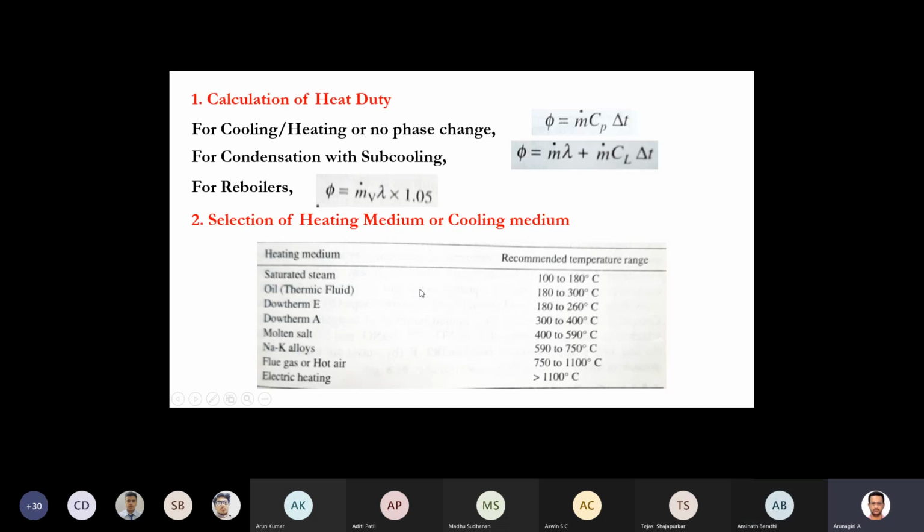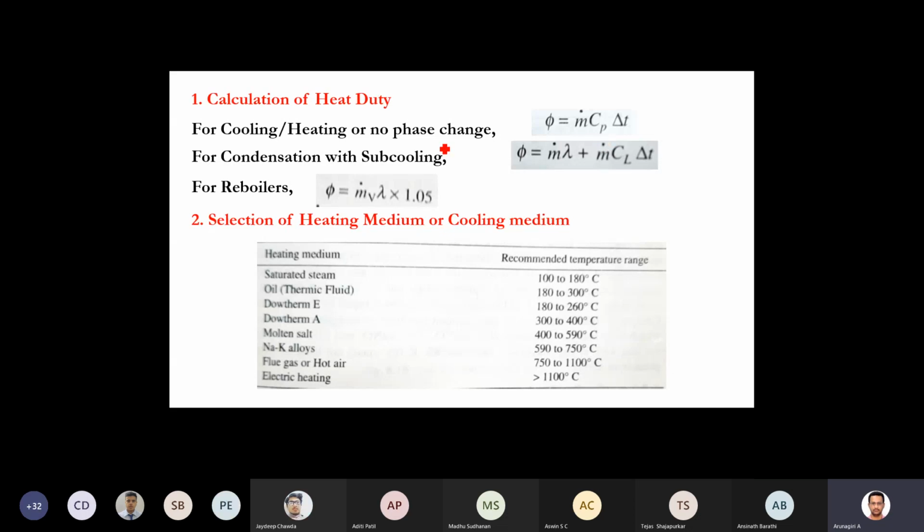Okay, so we'll go step by step. The very first step in cylinder heat exchanger design is to calculate the heat duty. Here we have three different cases, with phase change and without phase change. Without phase change, that is for heating or cooling, you can use the equation Q equals m dot Cp delta T, where delta T is the effective temperature difference in the exchanger, m dot is the mass flow rate and Cp is the specific heat capacity.